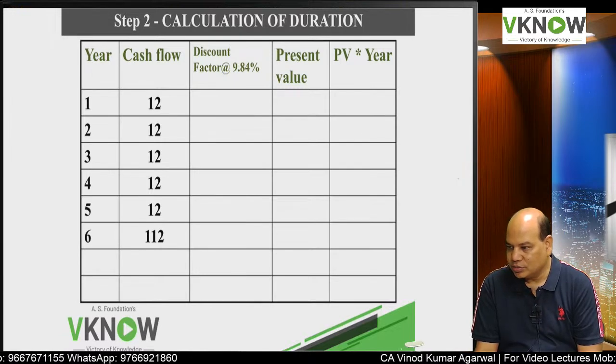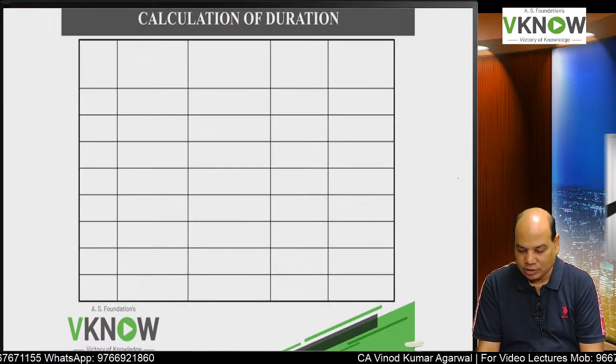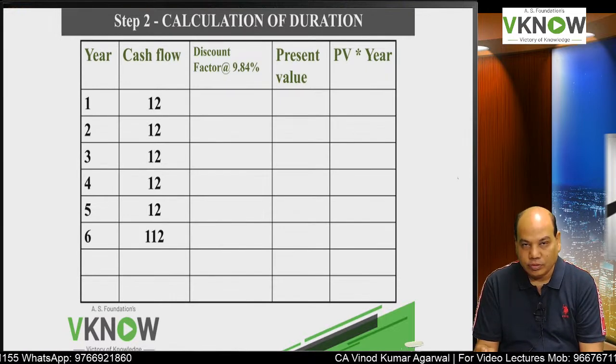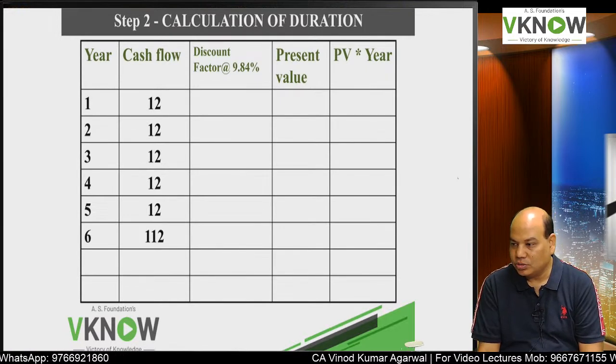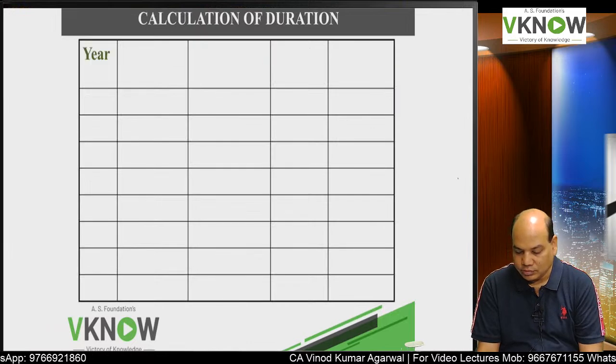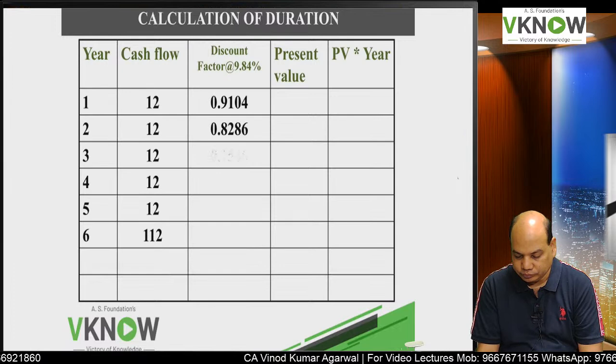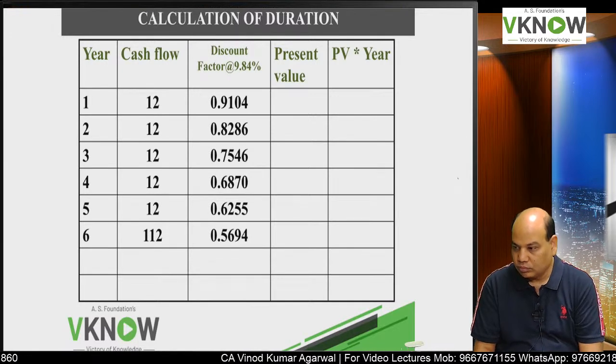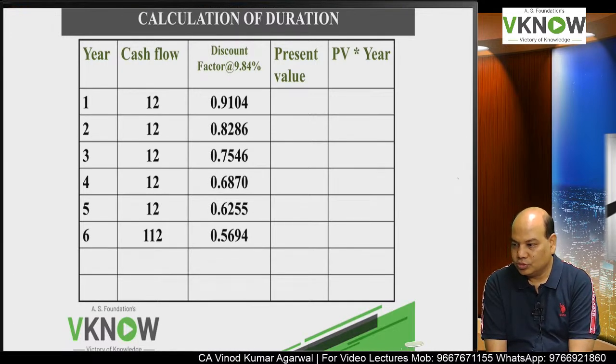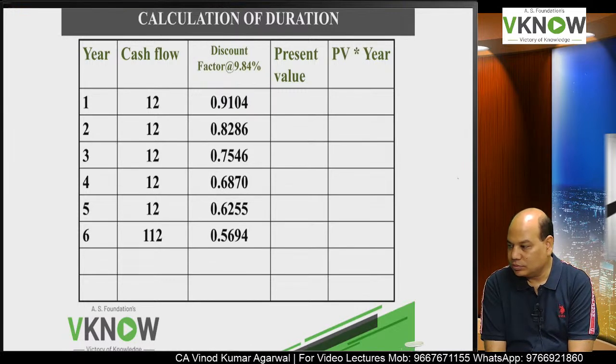Calculate the factor first. Factor will be 1 divided by 1.0984. Equal to, so you will get 0.9104.